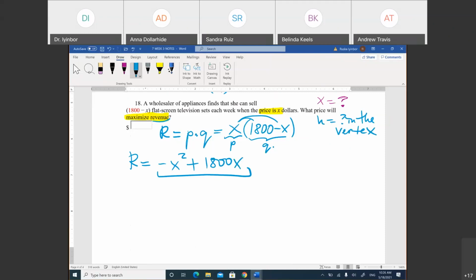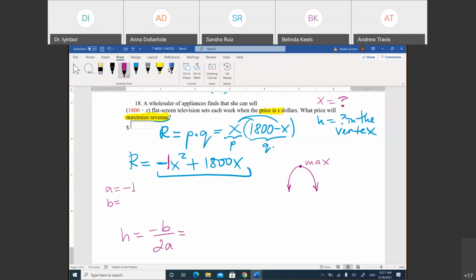Now, does the graph open up or down? Down. That's right. So finding the maximum is actually finding the vertex, right? We're going to use the formula to find the vertex. What is A? What is B? The formula is negative B over 2A. So what is A? Negative 1. Yes.